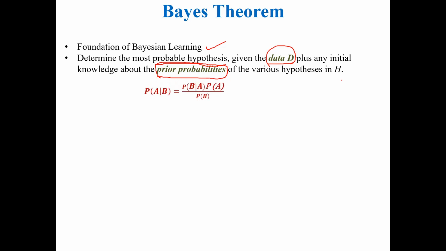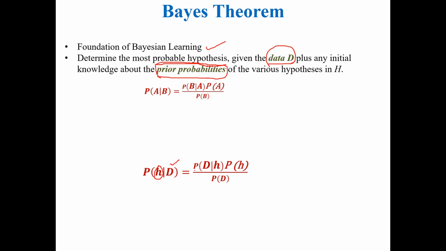With the help of Bayes theorem, we find the probability of hypothesis given the data D. That is important. If we want to find the probability of the hypothesis function H, then we should have the data given. With the data given we can find this probability.